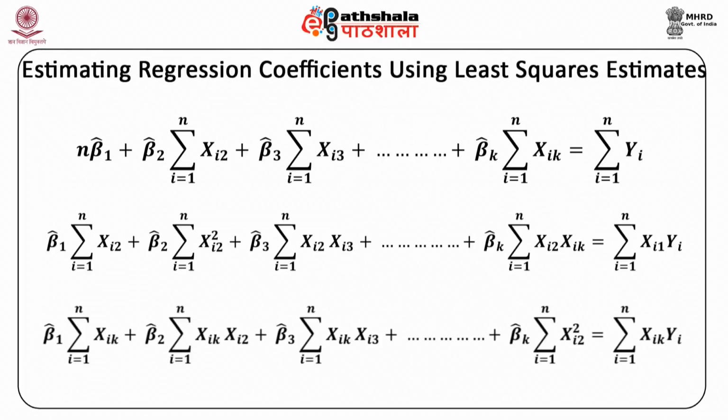Solving the above two equations, we get the following least square normal equations. The above normal equations are solved to obtain the least square estimators of the regression coefficients.